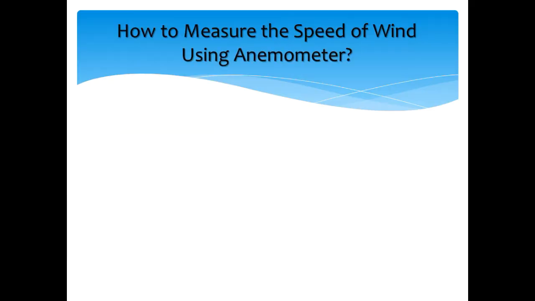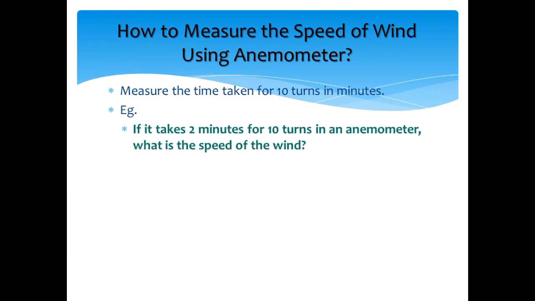Now let's see how to measure the speed of the wind using an anemometer. First, you must measure the time taken for 10 turns in minutes. For example, if it takes 2 minutes for 10 turns in an anemometer, what is the speed of the wind?